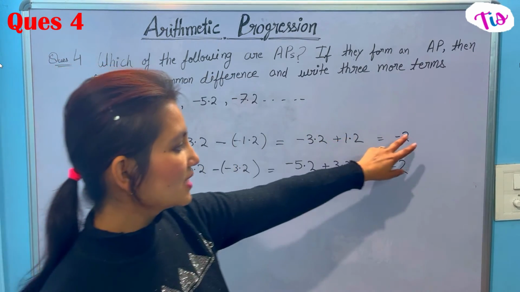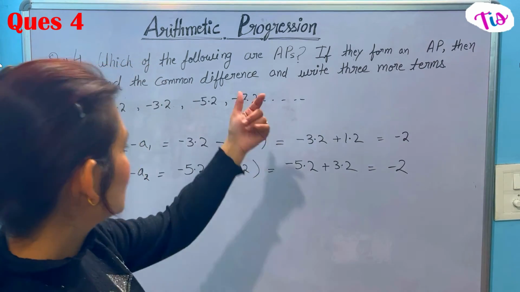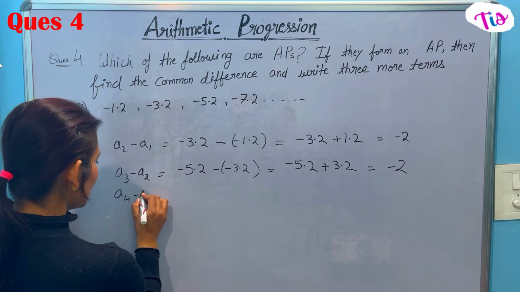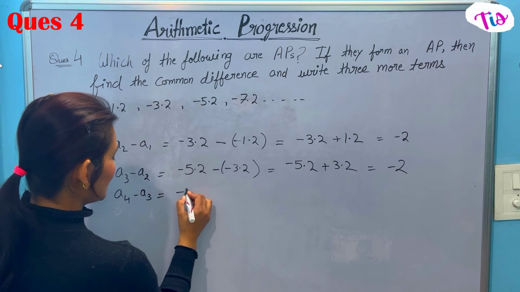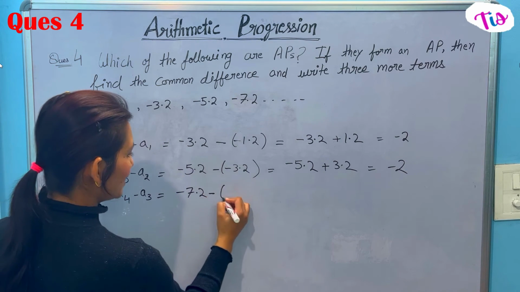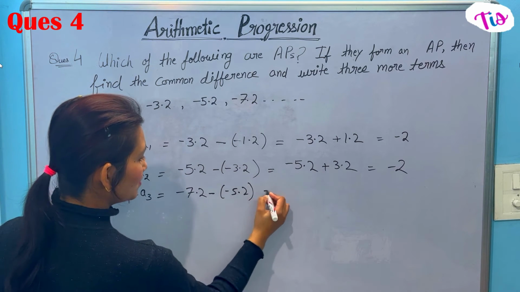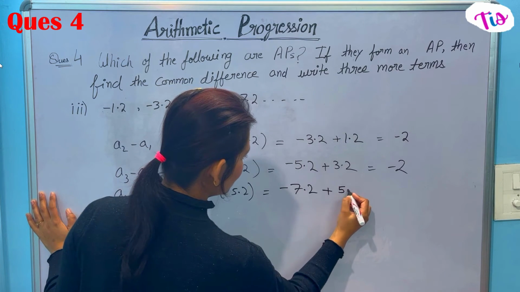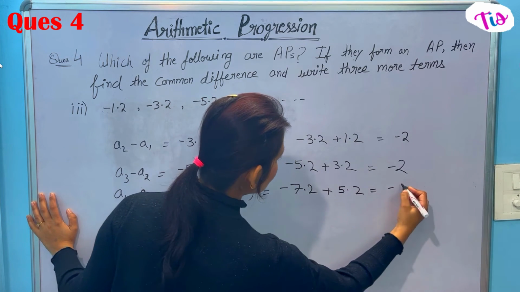So here also the difference is minus 2. Now let's check A4 minus A3. A4 is minus 7.2, minus of minus 5.2 becomes minus 7.2 plus 5.2, which is minus 2.